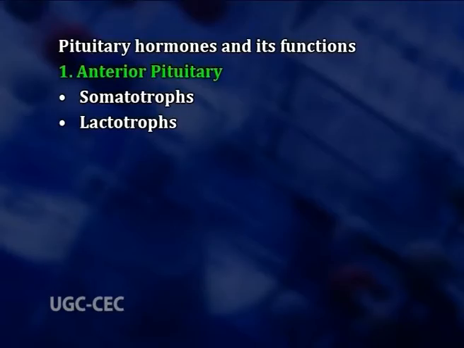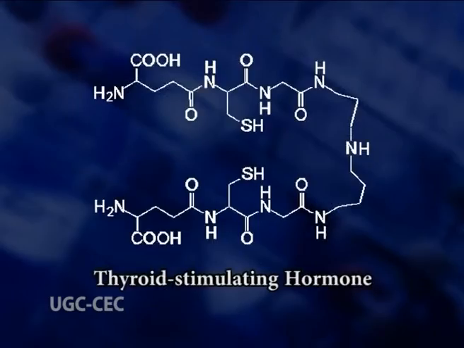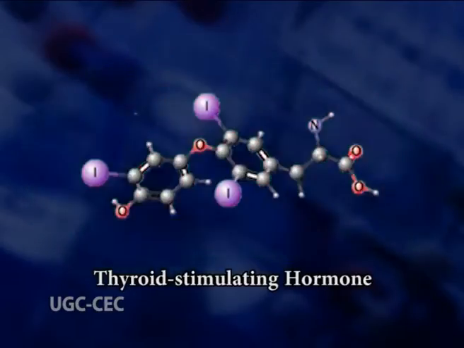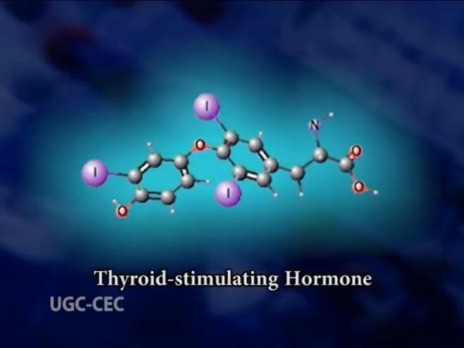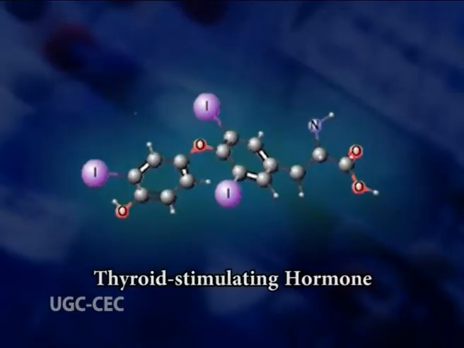Third type is thyrotrophs. Thyroid stimulating hormone, that is TSH, is a glycoprotein released under the influence of hypothalamic thyrotropin releasing hormone, that is TRH, and is inhibited by somatostatin.